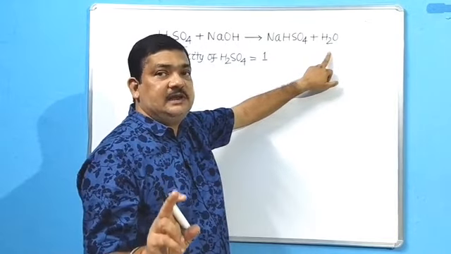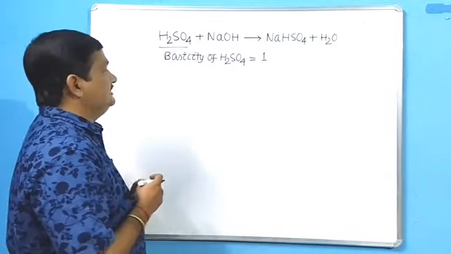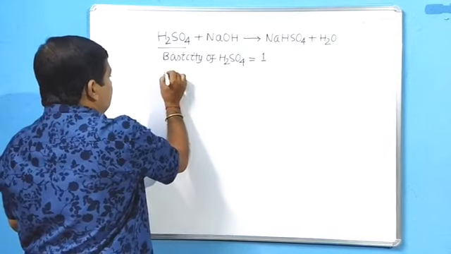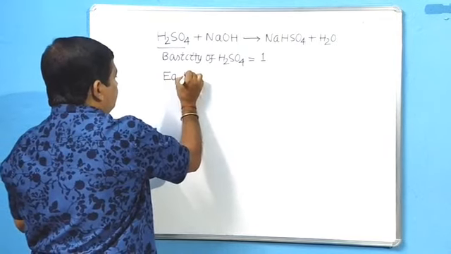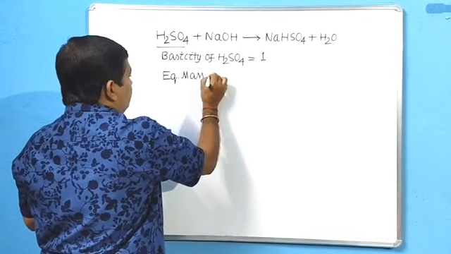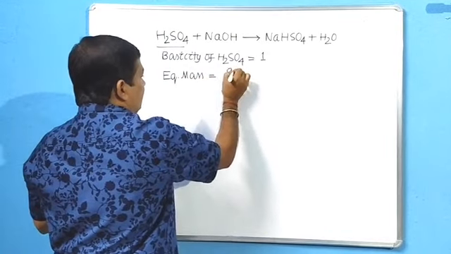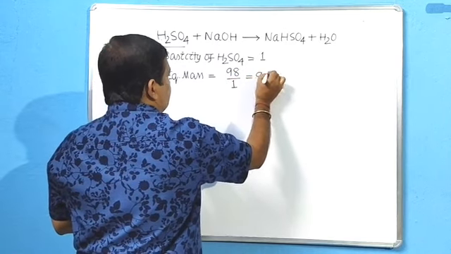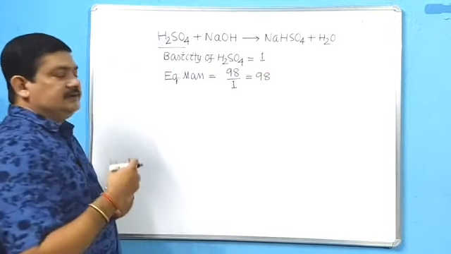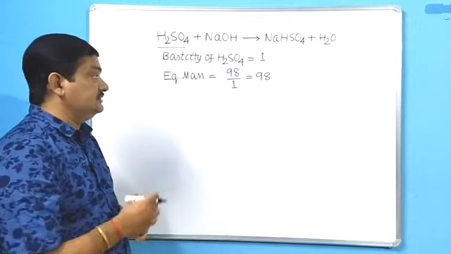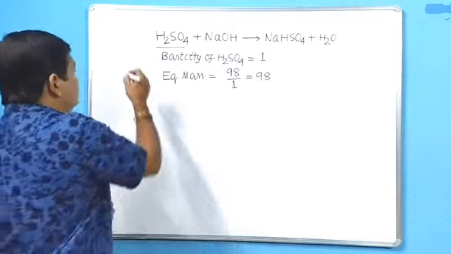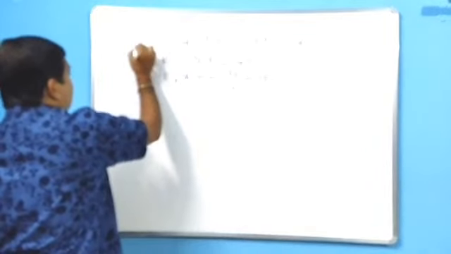So only one H plus is being replaced here, so the basicity of sulfuric acid is 1. So what will be the equivalent mass? It will be the molecular mass, that is 98, divided by 1, that is 98. So this is an expression based on the chemical equation. Based on the chemical equation also we can find out the basicity. So this is example number 1.